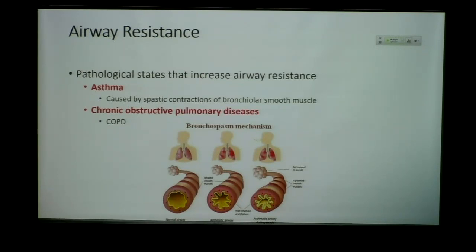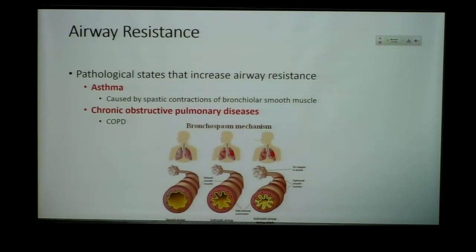It's thought to be caused by hypersensitivity. These people are usually hypersensitive to allergens like dust and mold, or even things like exercise or stress can induce an asthmatic attack, which is that spasming of the smooth muscle in the bronchioles.